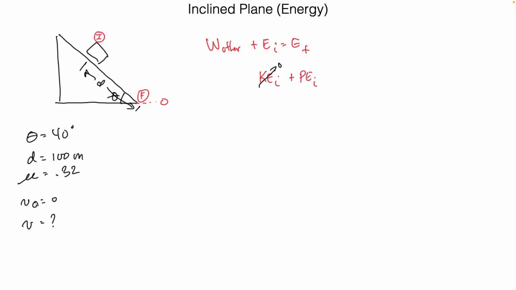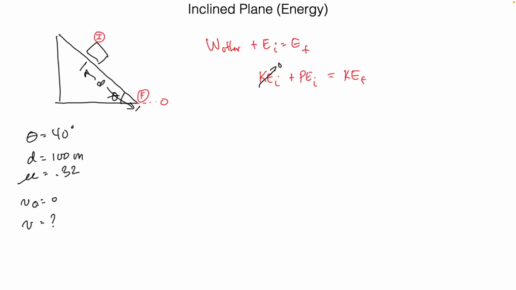Okay. At the bottom. Any kinetic energy? Yeah, how do you know? It's moving down there, right? We're trying to find out how fast it's going down there, so it better have some kind of kinetic energy. And what about potential energy? Any potential energy at the bottom? No spring down there.